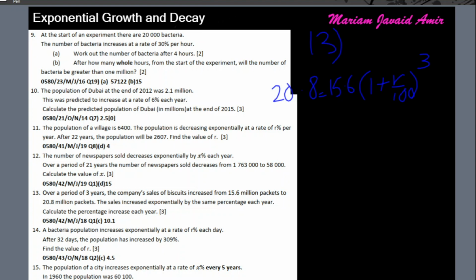What percent? So let's solve this. So that would be 20.8 divided by 15.6, then take cube root, which will be 1 plus R over 100.